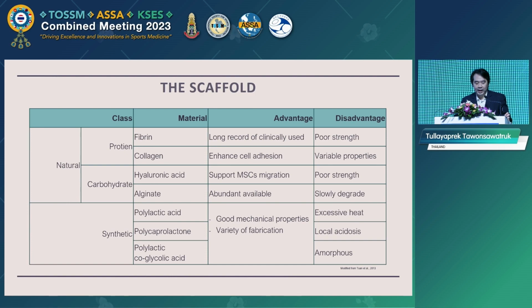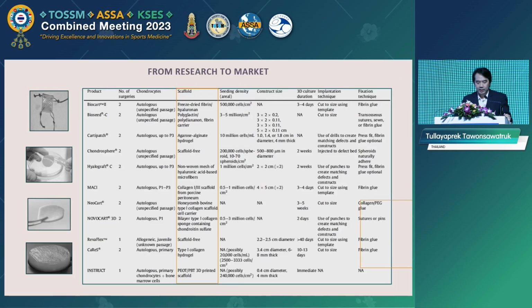However, you have to do an open technique. But if you use the gel, you can use a closed technique or arthroscopy by putting the cell and scaffold in the cartilage defect.